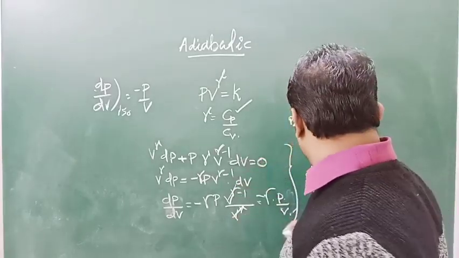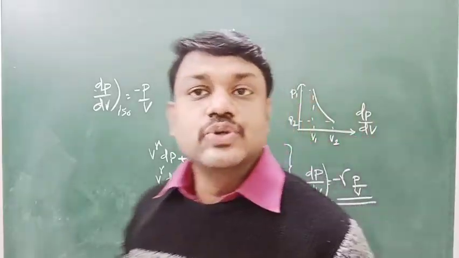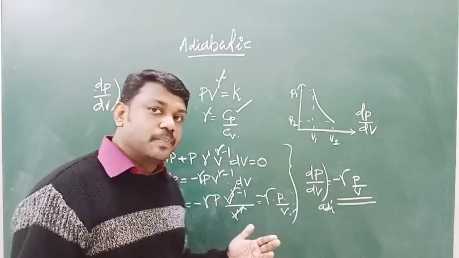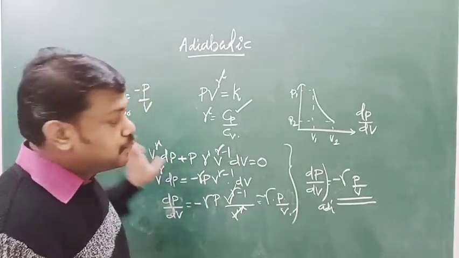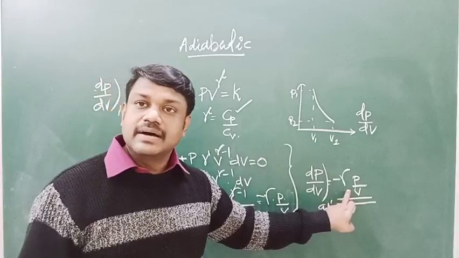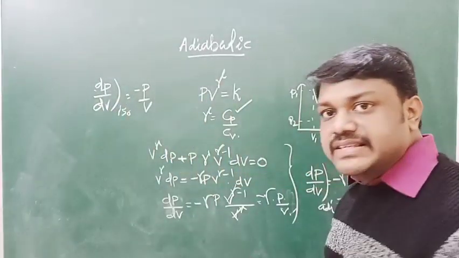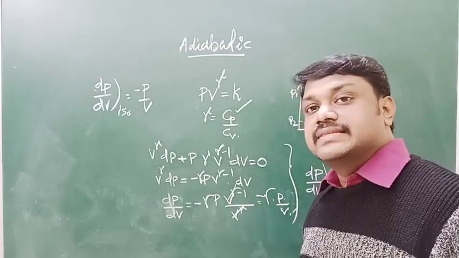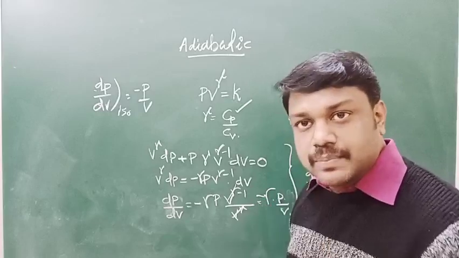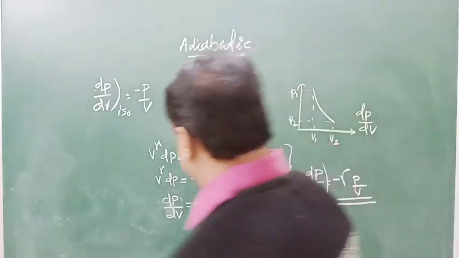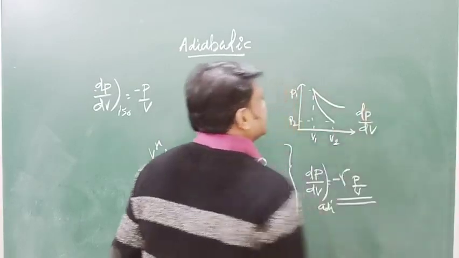So we can say that the adiabatic slope is more than the isothermal slope by a factor gamma, where gamma is Cp by Cv. So from the graph itself you can find out whether it is an isothermal curve or an adiabatic curve. Suppose you have two curves in the same coordinates.